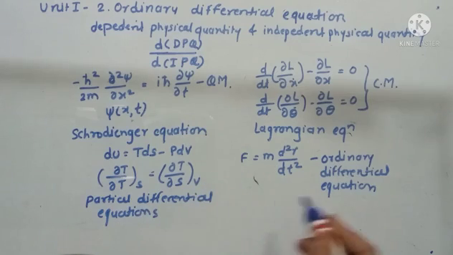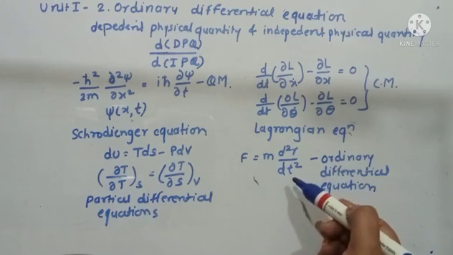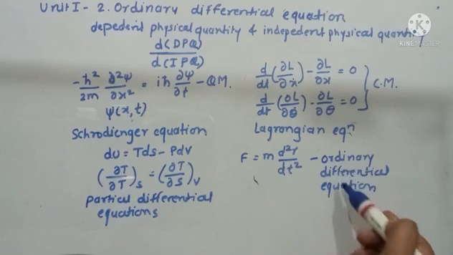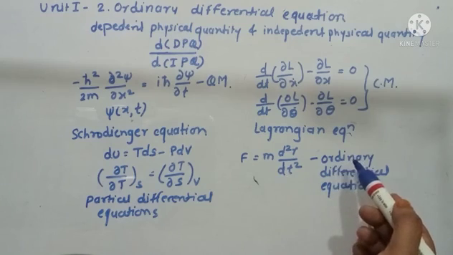The differential equations in which there is more than one independent variable are called partial differential equations. Ordinary differential equations can be first order and second order.